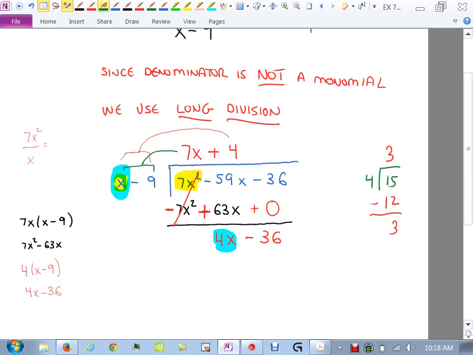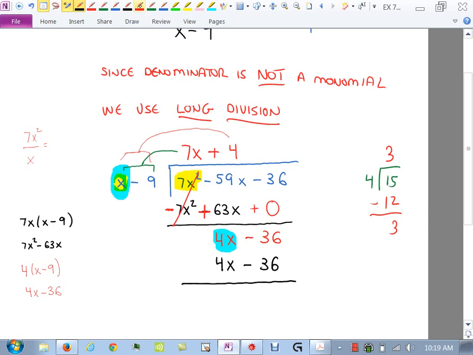But where do you put it? Yeah, it's going to come right under here, and then we're going to subtract it and see what happens. So that answer right there goes right underneath as 4x minus 36. And then I come through and change my signs. So this becomes a minus and this becomes a plus.